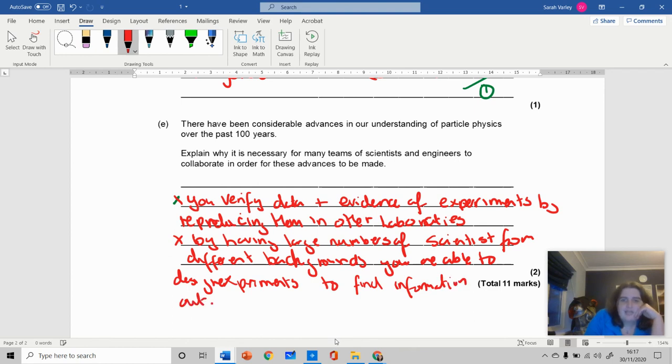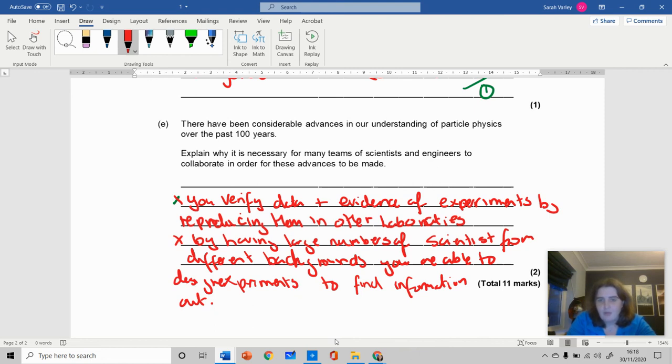So what I'm saying here is that having lots of different expertise allows you to design experiments to find information out. If you just had theoretical physicists trying to do an experiment, they wouldn't have the engineering knowledge to actually be able to design and make the LHC.